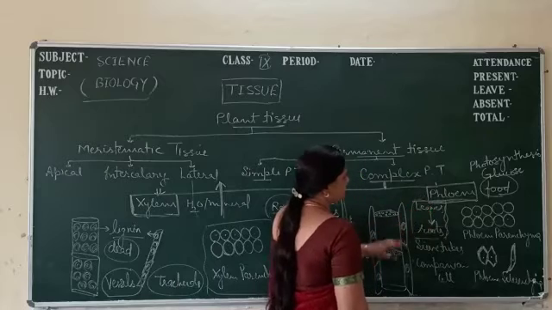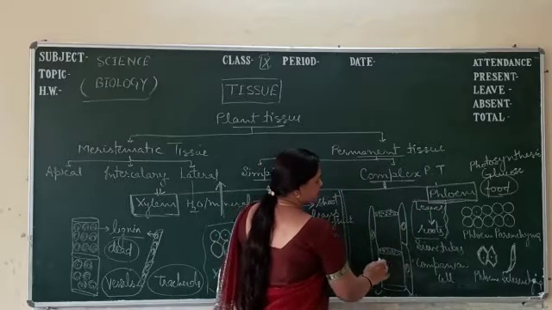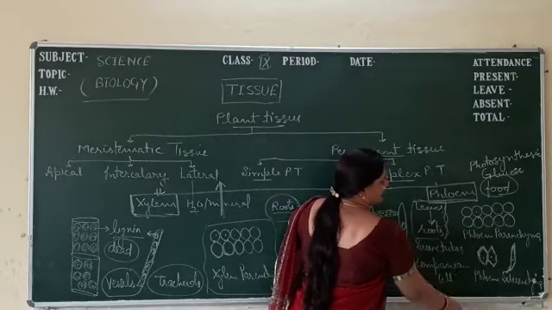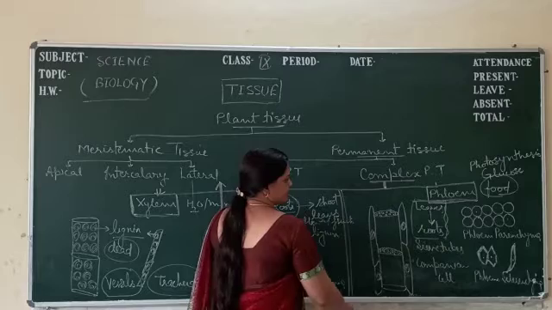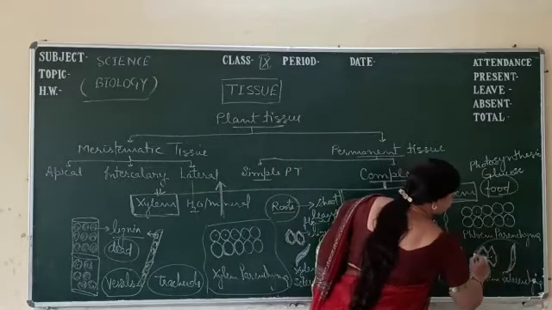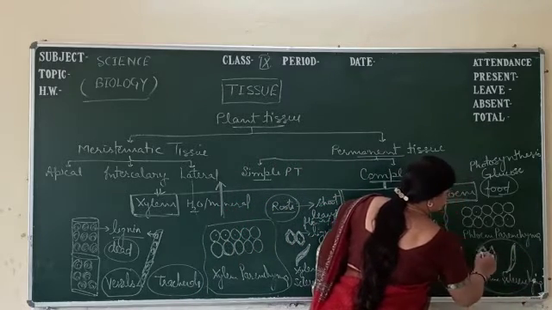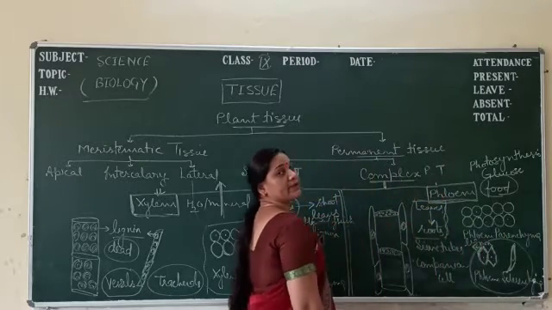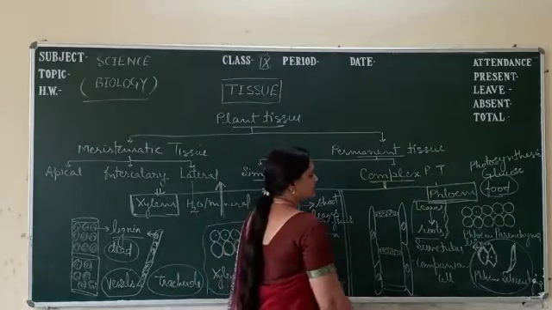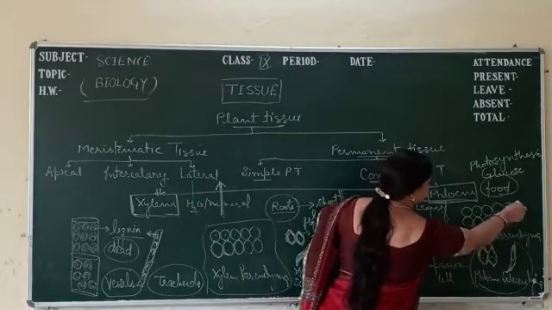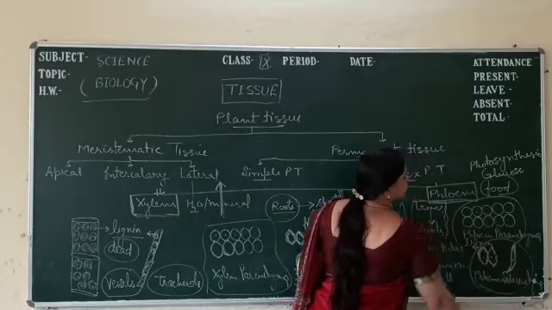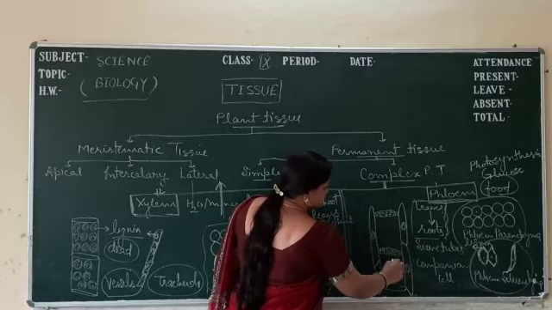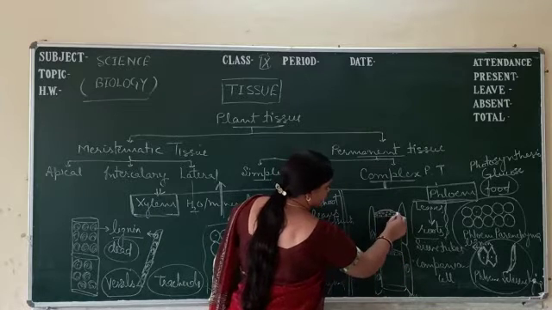Phloem is also made up of four types of elements, that is sieve tubes, companion cells, phloem parenchyma and phloem sclerenchyma. In this, only phloem sclerenchyma is dead due to the deposition of lignin, and it provides rigidity and mechanical strength to the phloem, while phloem parenchyma is a simple parenchymatous tissue which provides nutrition to the phloem. And these are the sieve tubes, and this is perforated.